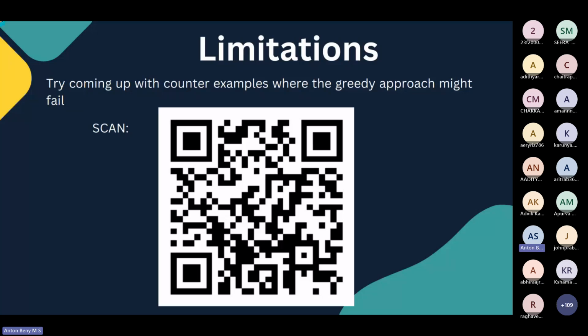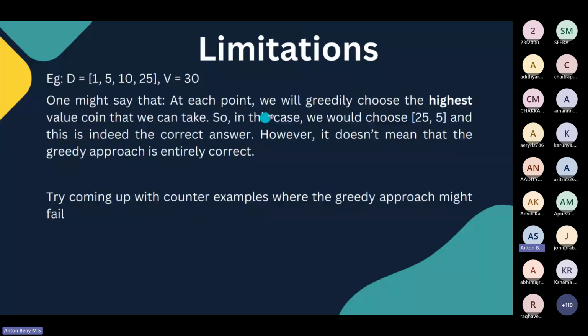Keep in mind, you have to find the cases where the greedy approach that we discussed would fail. We discussed that we'll just choose the highest value coin. You need to see if there are test cases in those options which would not work with the given approach.